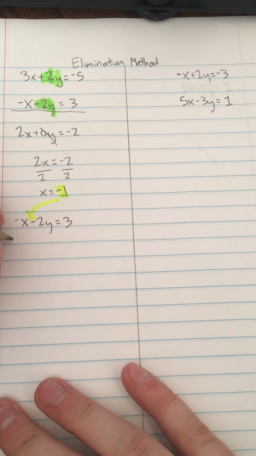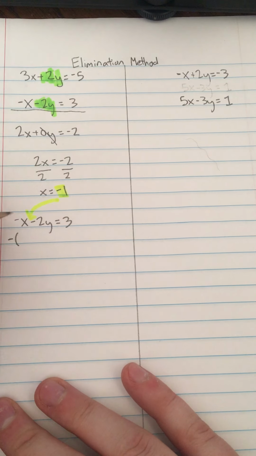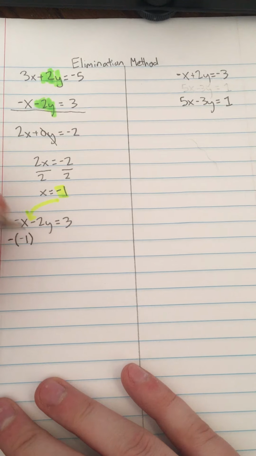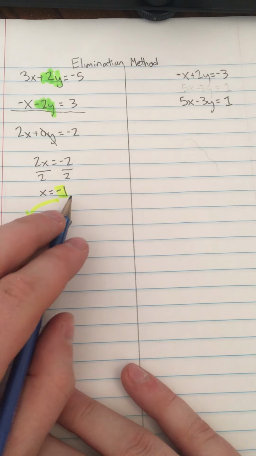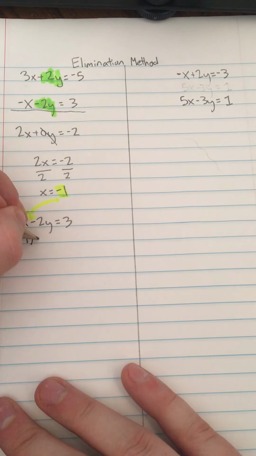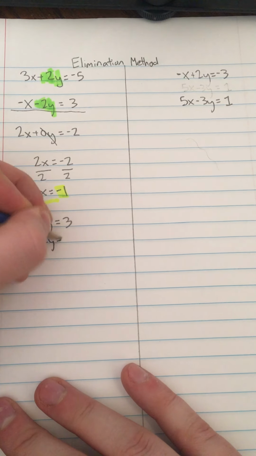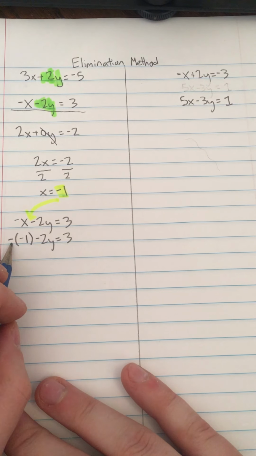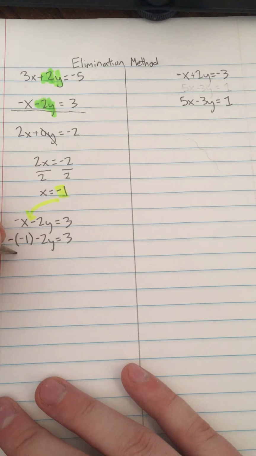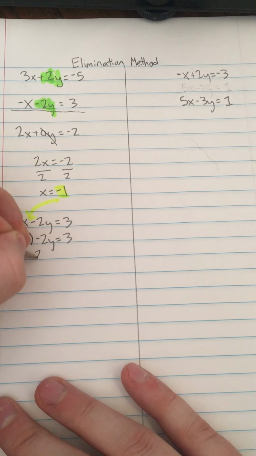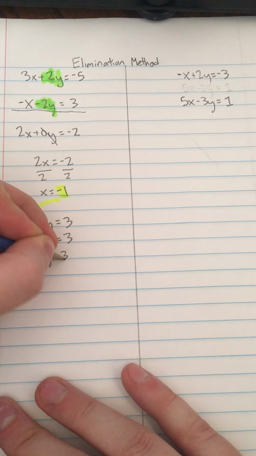And so it would be negative, and then in parentheses, negative 1 would preserve our signs. So I'm replacing the x with a negative 1 minus 2y equals 3. The negative of negative 1 is positive 1 minus 2y equals 3.